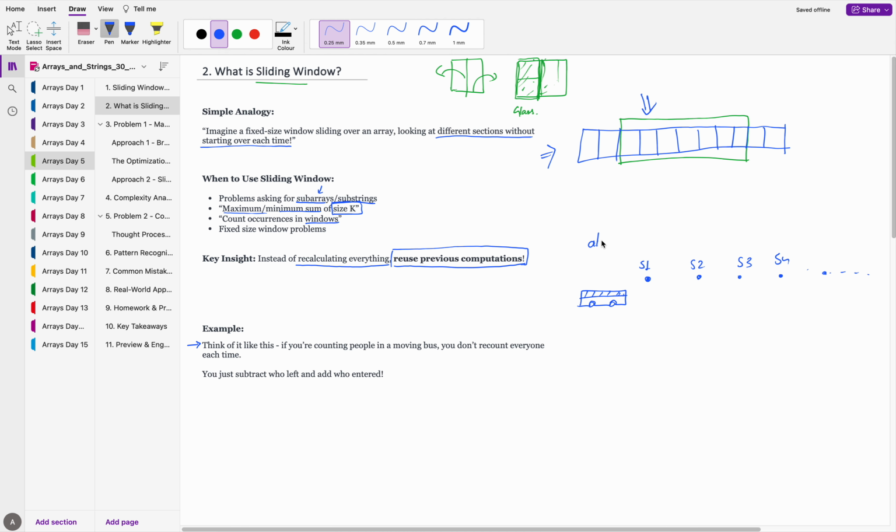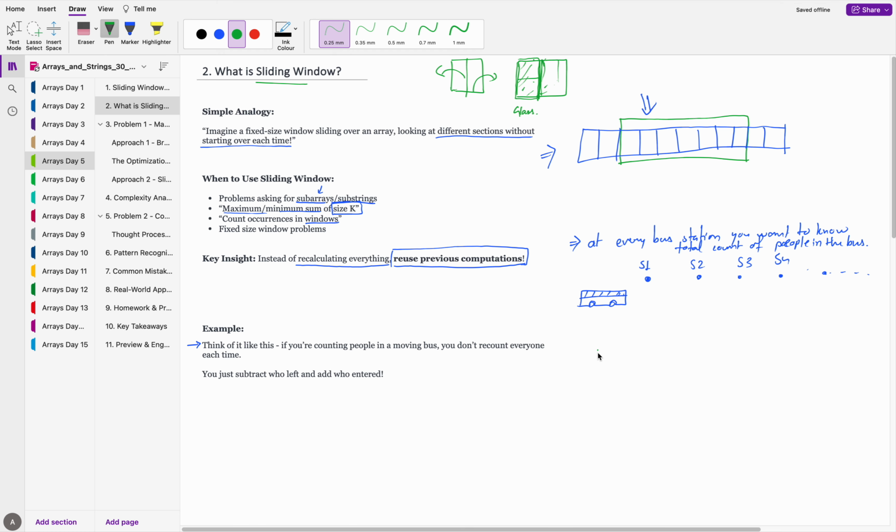Now, at every bus station, you want to know the total count of passengers or people in the bus. This is the problem statement. So just think about it. What would you be doing then?